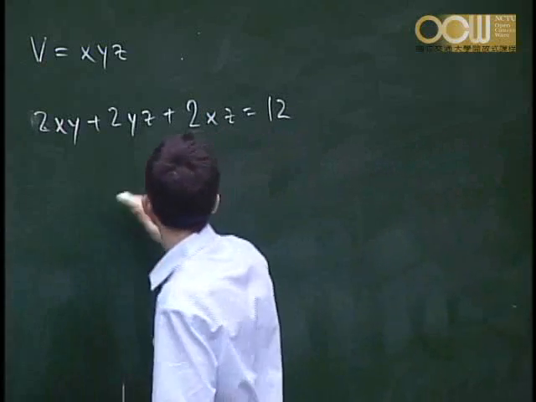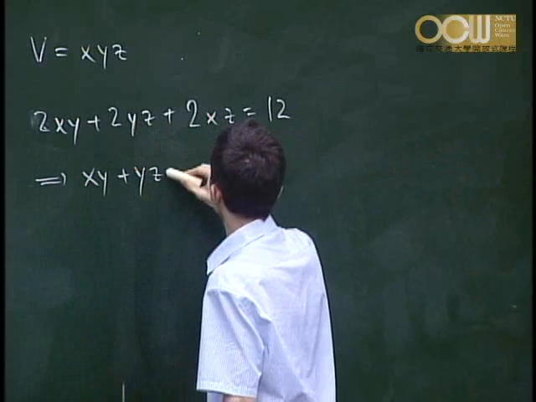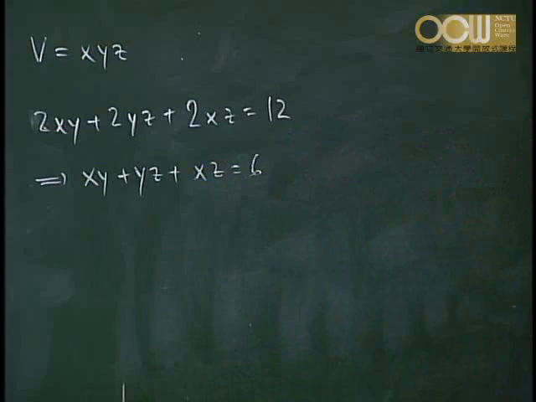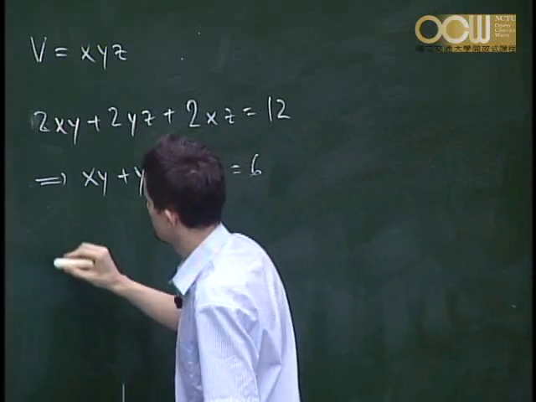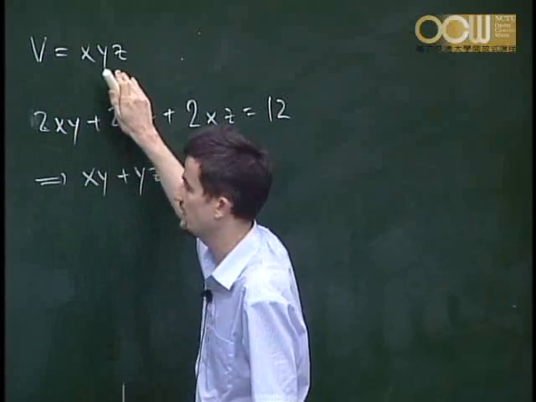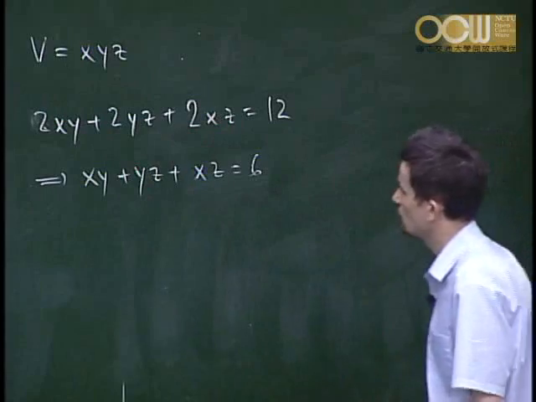Or in other words, we can erase the 2 and we get this here. This is our objective function which we have to maximize, but we have only, and this is the difference to last semester, one condition.